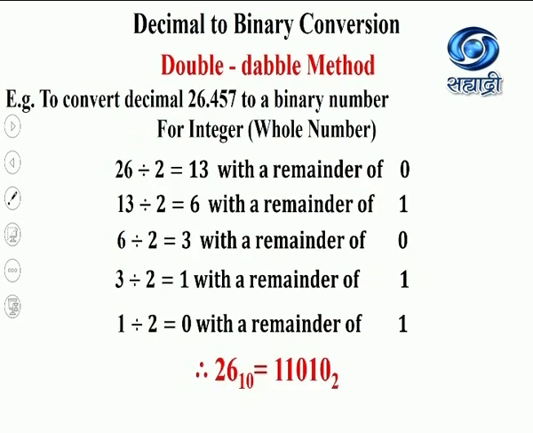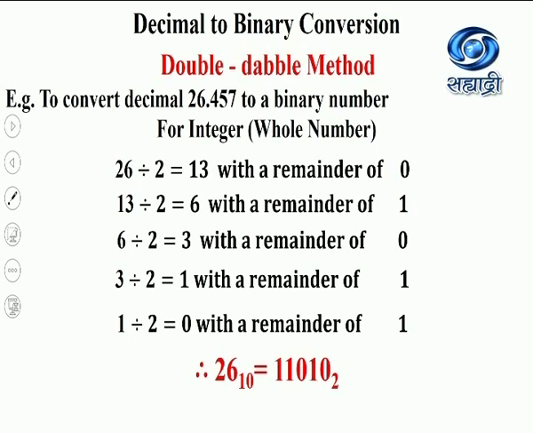To convert the decimal number 26.457 to a binary number, let us first solve for the integer part of the given number. We are going to divide the number by 2 every time, writing the quotient with the remainders.